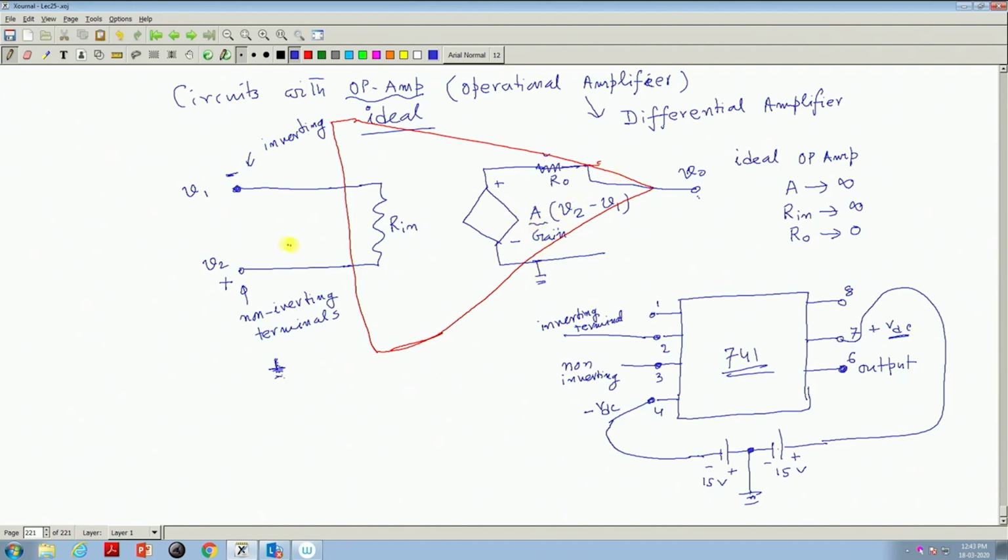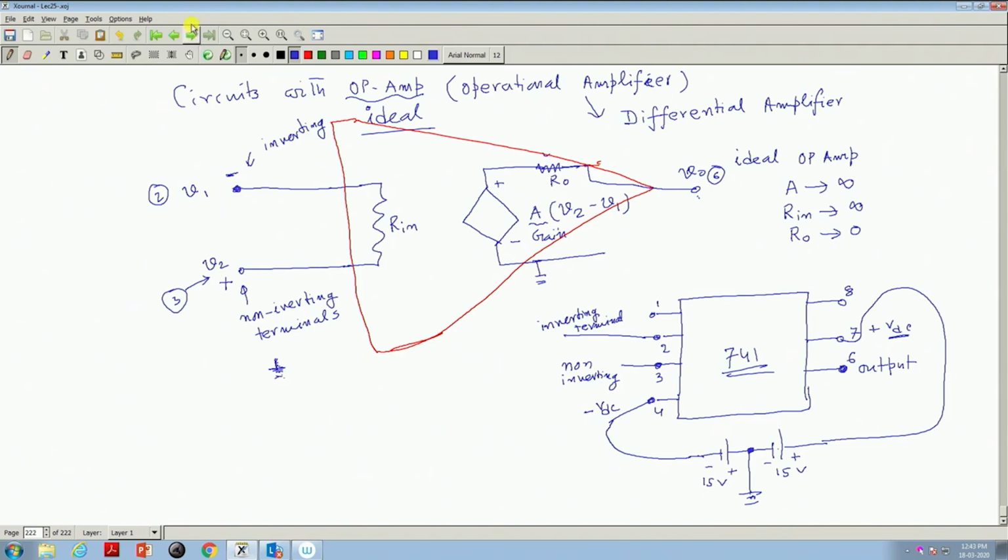It amplifies this signal, and this V naught is terminal 6, mind you. This V 1 negative, inverting, is terminal 2, and non-inverting is terminal 3. Got the point? So, this is how things will go.